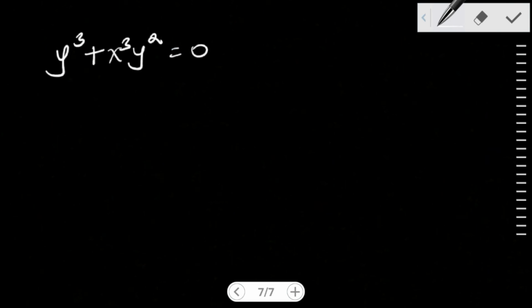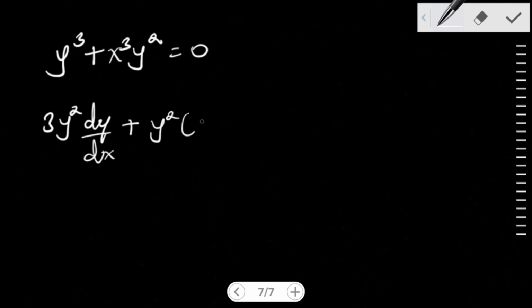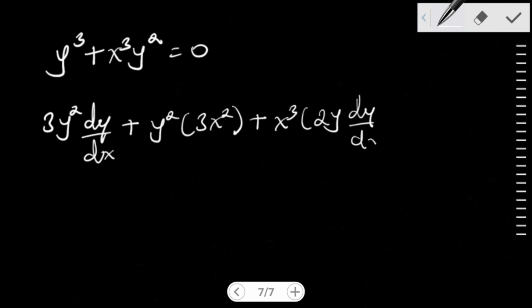And so this is going to be 3y squared dy dx plus, I'm going to have here y squared into 3x squared plus, in this case x cubed into 2y dy dx.